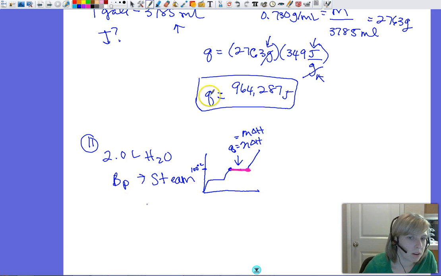Now since it's water and they didn't give you any delta H, you're going to use the one on the sheet I gave you. So we're going to have to convert our 2 liters. So if you don't know that 2 liters of water equals 2 kilograms or such, we can convert it to milliliters.